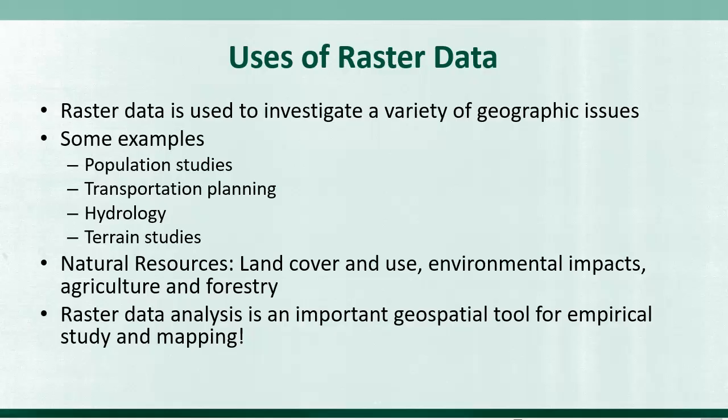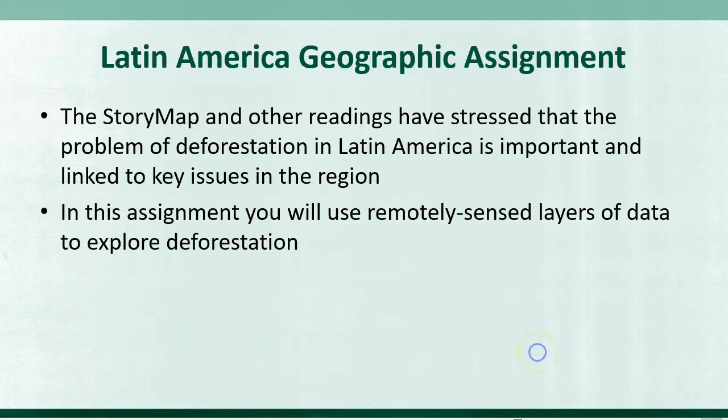We can study land cover, use, and change over time, and measure environmental impacts, and see how they relate to things like agriculture, forestry, mining, whatever. It's just a hugely important geospatial tool, and it's something that Google Earth gives us great access to, and that you're going to be using as well to do a little empirical studying and mapping of an area on your own.